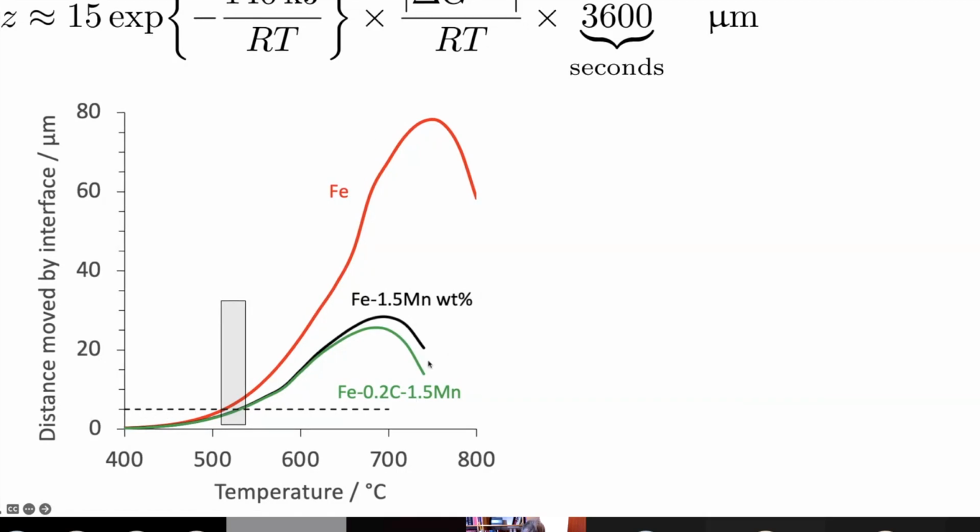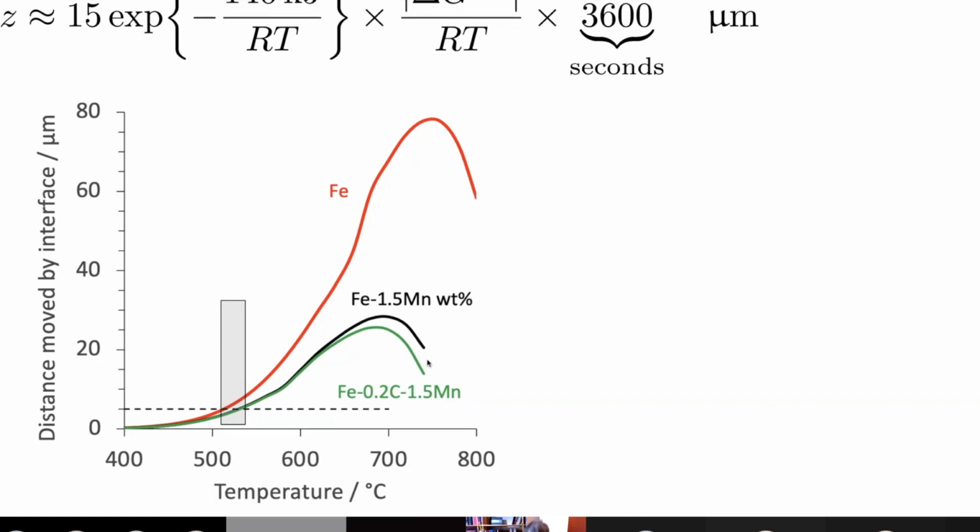Whereas here, the austenite is quite happy to transform by a reconstructive mechanism. So this gives you a clear way of saying that, look, below this temperature, I should obtain displacive transformation products, and above it, I should be able to obtain things like ferrite, pearlite, etc.